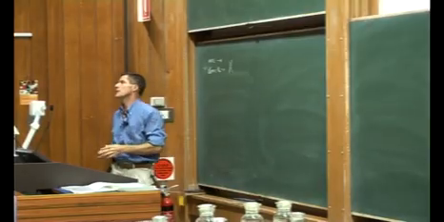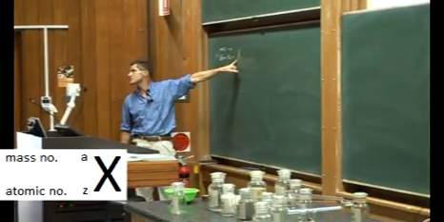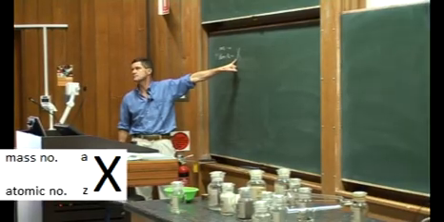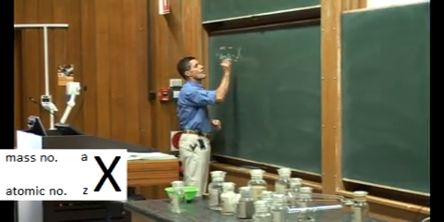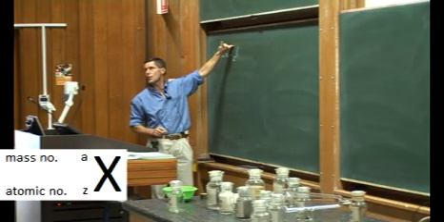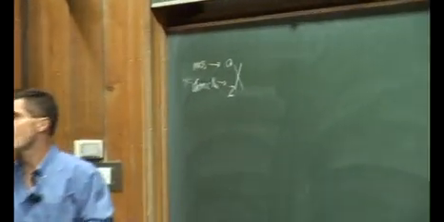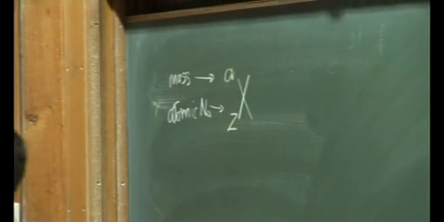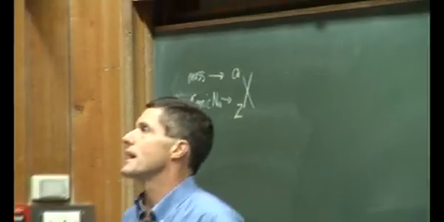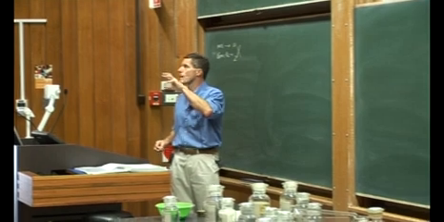Conventionally, we always put the atomic number as a subscript before the element symbol. We always put the mass number as a superscript before the element symbol. Let me call that A. And already you're seeing that if we want to specify mass number or atomic number, then we've got to be pretty careful where we put these things.